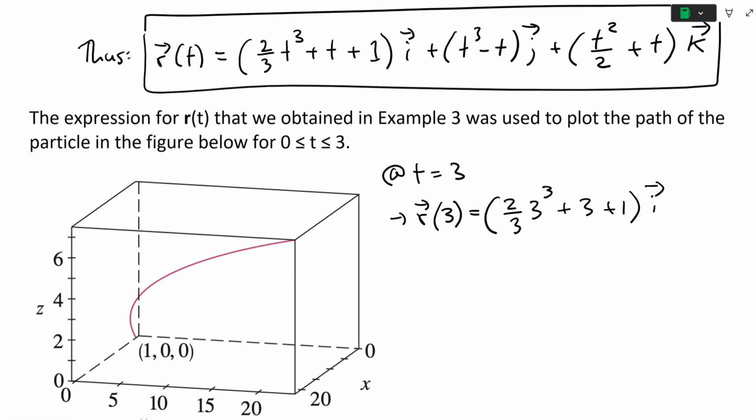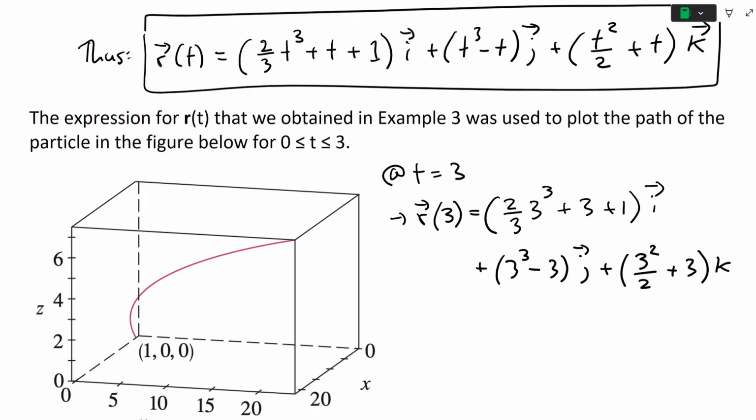All right, for the j component, that's just going to be plus t cubed minus t, so that's going to be 3 cubed minus 3, and this is going to be our j component. And then lastly, the k component is going to be 3 squared divided by 2, and then plus 3.